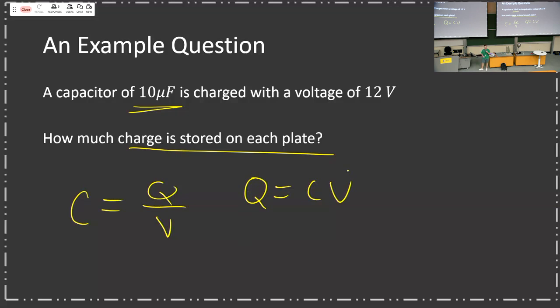Wow, that was pretty easy. 10 times 10 to the power of minus 6, times 12. And that becomes 1.2 times 10 to the negative 4. What unit?